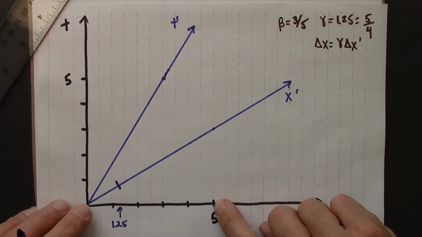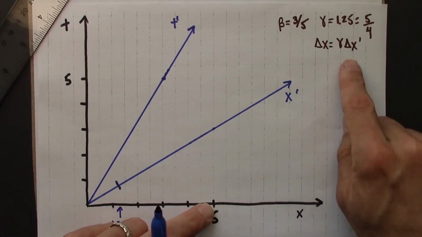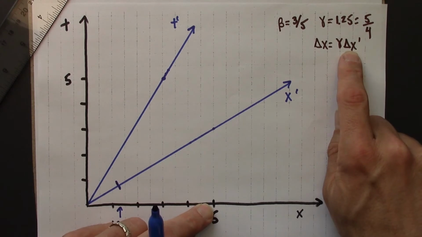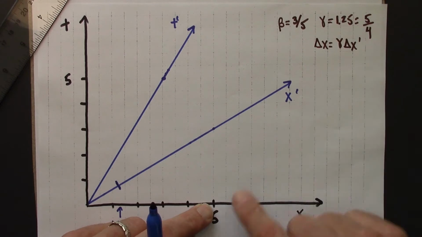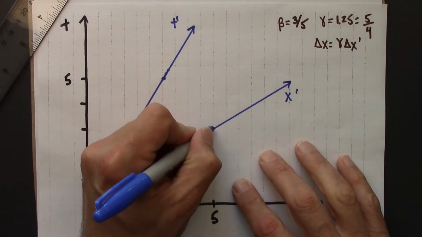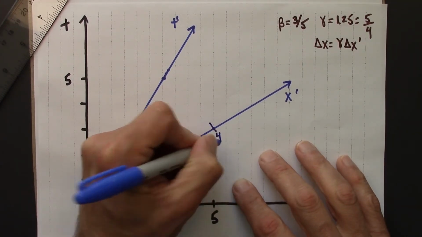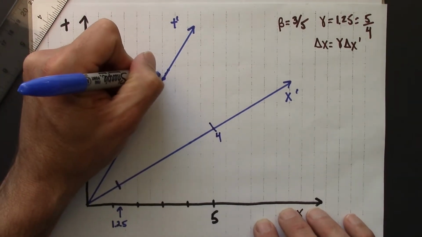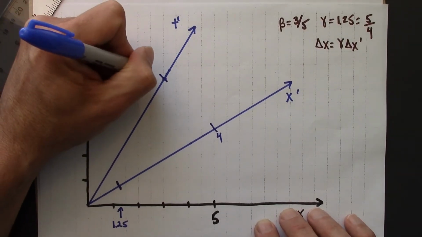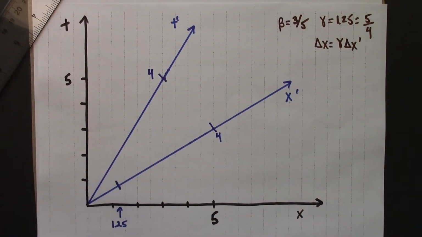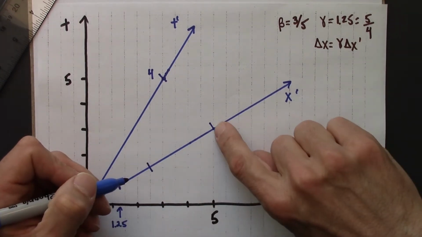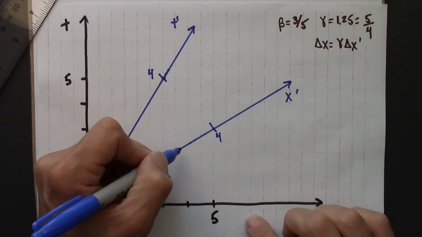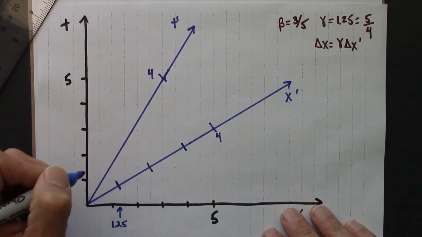And I also know that if x prime is 4, 4 times 5/4 is 5. So this 5 corresponds to a 4 there. And similarly, that's going to be 4. And then this would be 2.5. And it's going to be right about there.